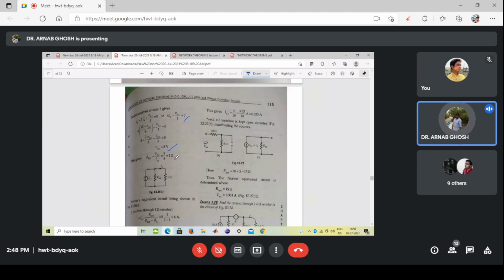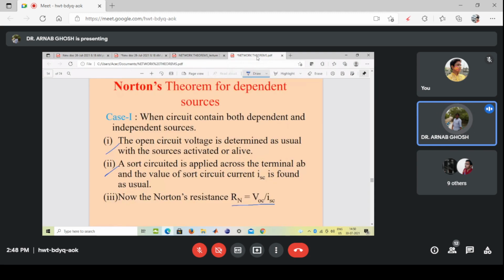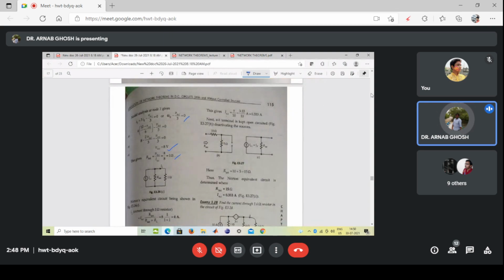So this is nothing but the Norton's equivalent resistance, what was given to you. We first calculated the short circuit current, then the open circuit voltage, then the R Norton or R internal, that is 1 ohm. So ISC is 8 ampere and R internal, the Norton's resistance, is 1 ohm.